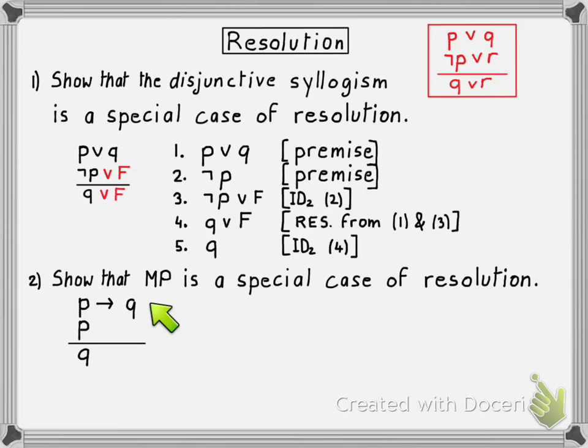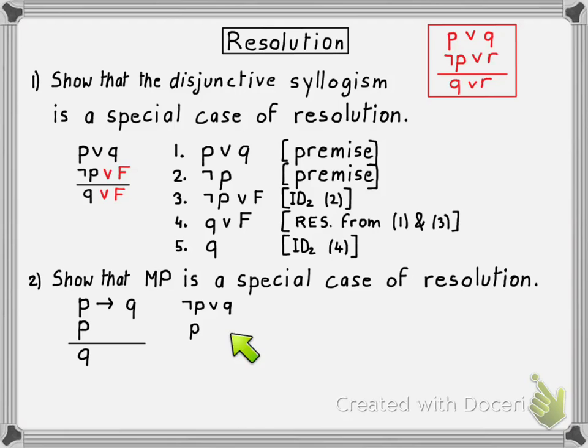But this is where we're going to use our well-known logical equivalence that we called asterisk to convert the conditional to a disjunction. And now we are in familiar territory.